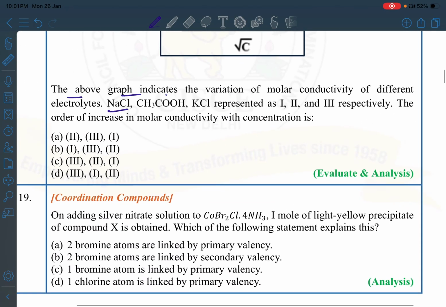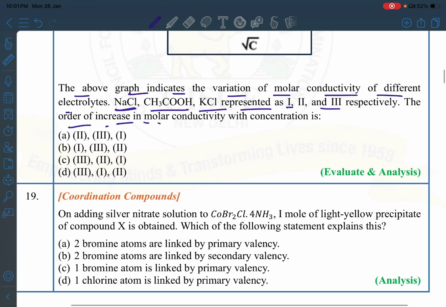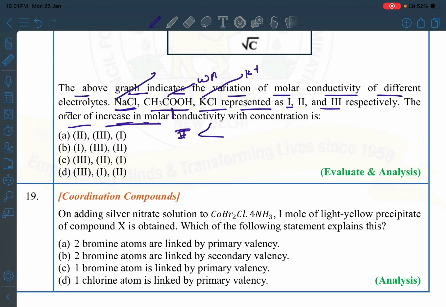Then this is the question. The above graph indicates the variation of molar conductivity of different electrolytes: NaCl, CH3COOH, KCl represent 1, 2, 3 respectively. The order of increase in molar conductivity: the second has less conductivity because it is a weak electrolyte. So a weak electrolyte has less conductivity. After the second, K+ ion is larger in size compared to Na+ ion, so Na+ ion has higher conductivity.